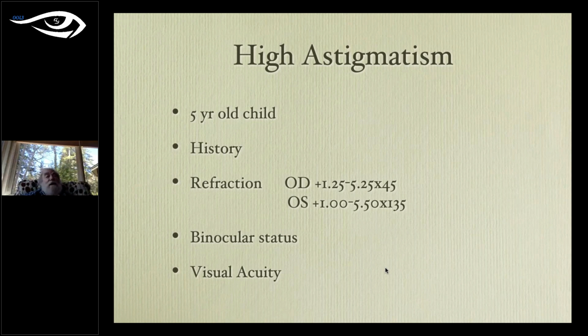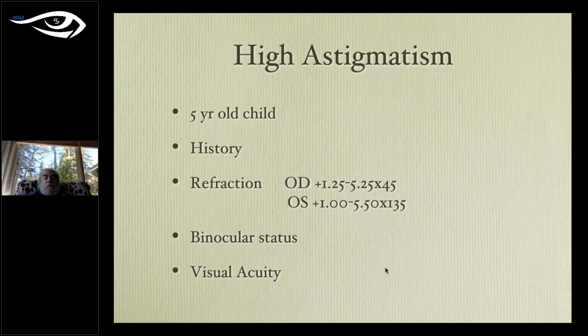The binocular status is probably poor in general. Depending upon the test used, it might be better or worse, but bottom line is visual function is poor in general. These kids are really compromised visually.